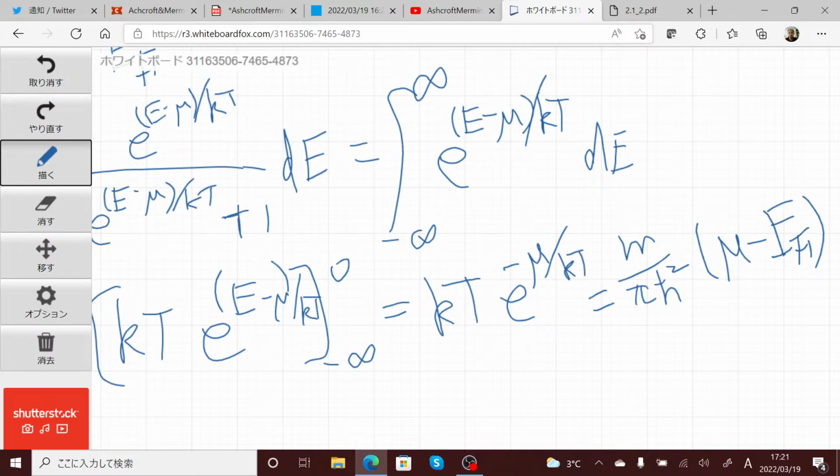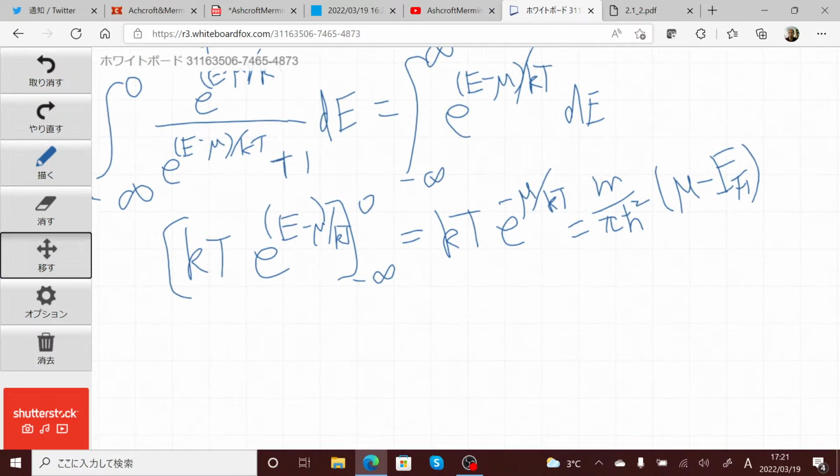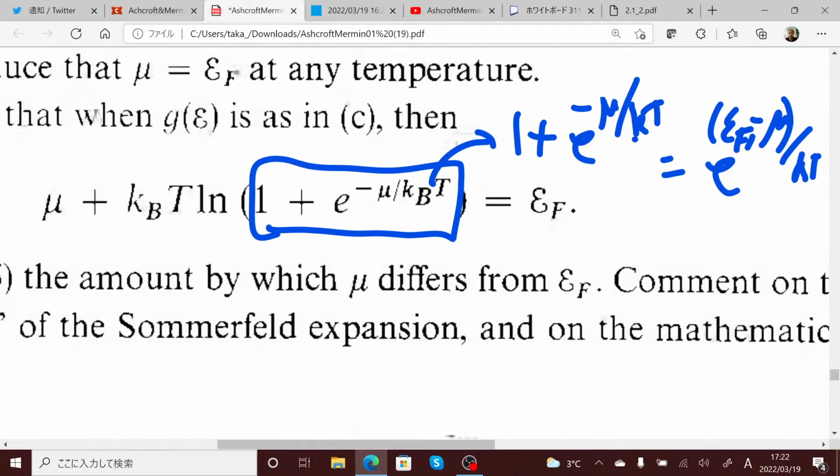Strange. Okay, so I accept we don't need this, but then it's a little bit strange. Take log. So kbt log. Okay.